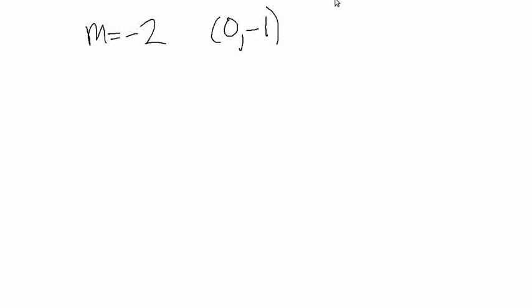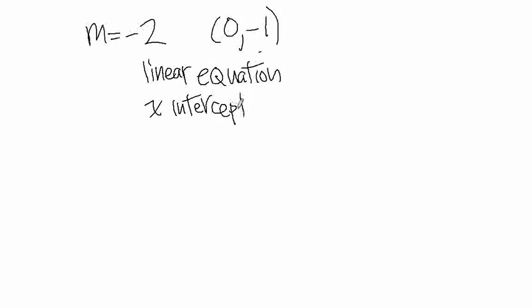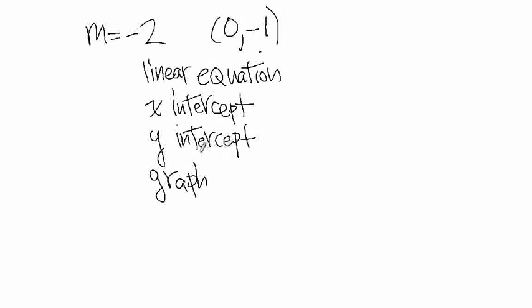And also find the x and y intercepts as well as make a sketch. Okay, so I want the linear equation, I want the x-intercept, I want the y-intercept, and I want a graph. You should be able to find all of that, so this will be good practice. So pause the video and do that now, please.